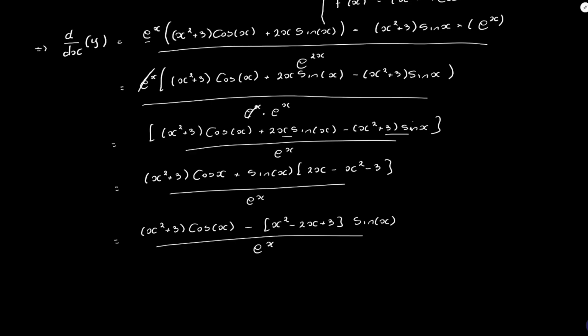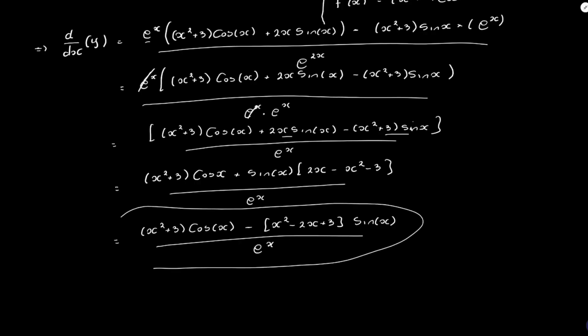all divided by e to the x. So what do we observe? We observe that after replacing our terms and simplifying, we're able to obtain this function, which is the derivative with respect to x of our function y.